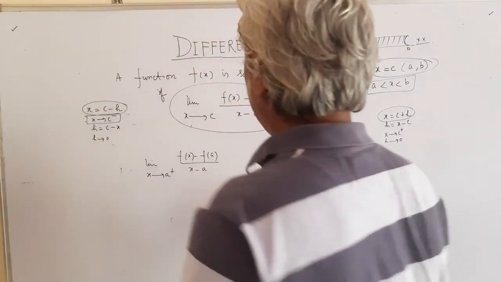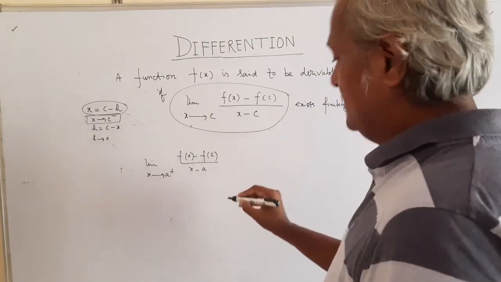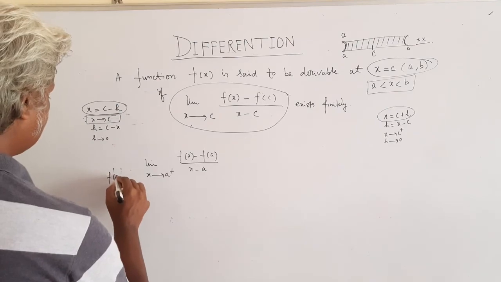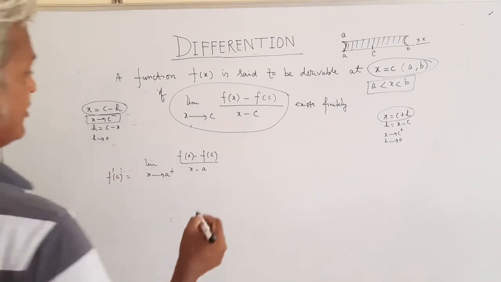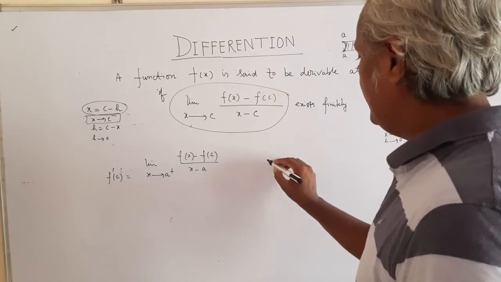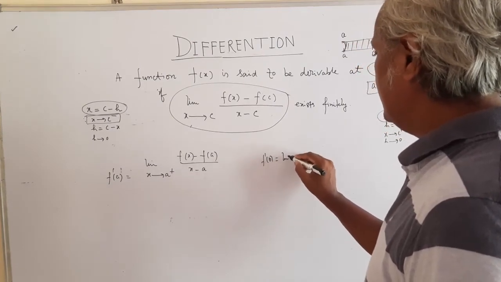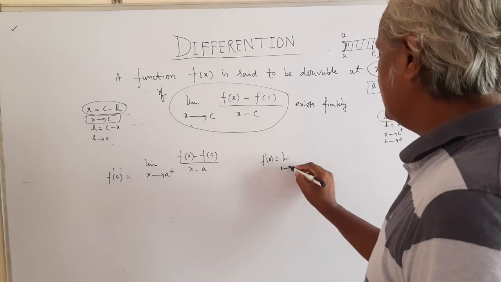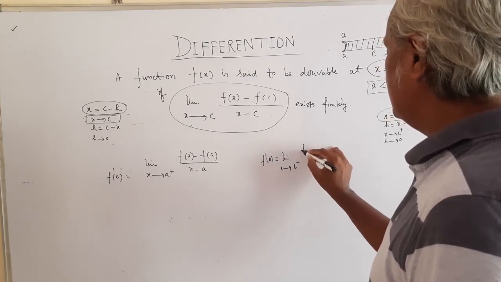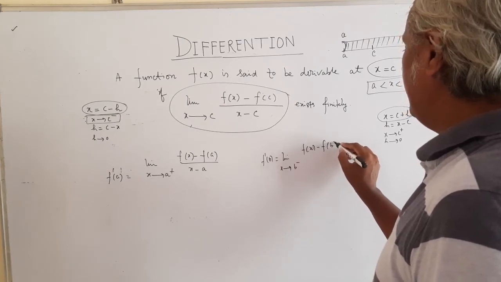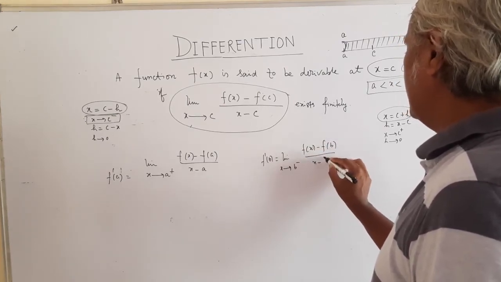This one can be called f dash a because we are taking it at that point, and here you can find f dash b. So limit x tends to b minus of f(x) minus f(b) over x minus b.